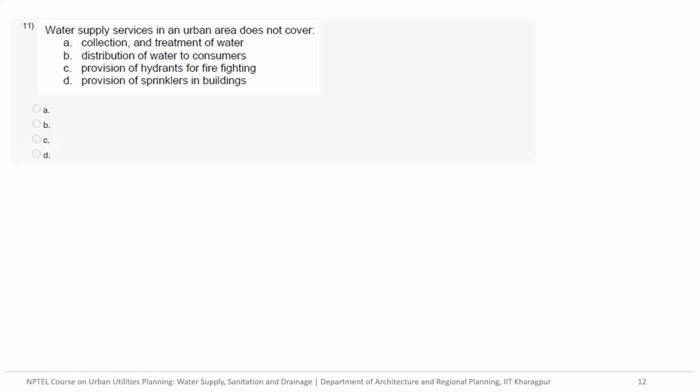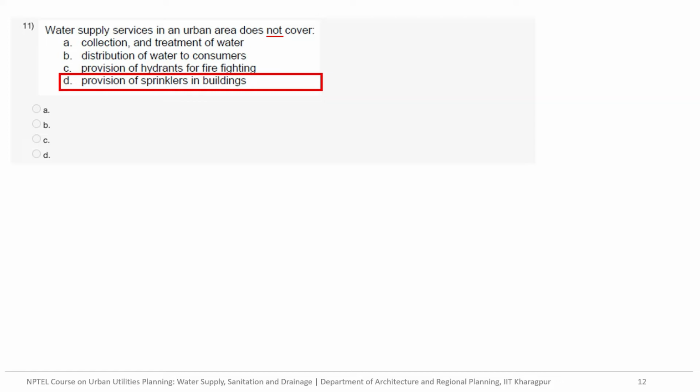So, water supply services in an urban area as a collective will not be looking at provision of sprinklers in buildings. That is essentially the purview of the individual or the individual household. What it will come under will be the distribution of water to consumers.